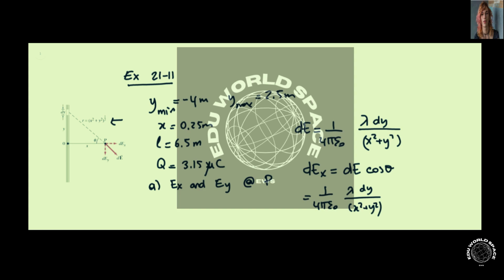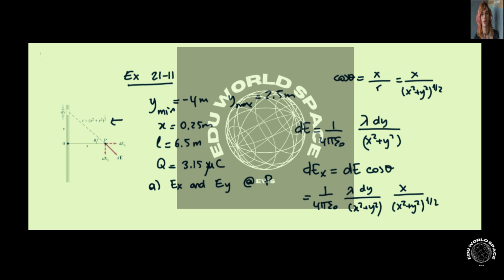But let's remember what cosine theta is on a separate note here. Cosine theta is adjacent x over hypotenuse being r, also x over the square root of x squared plus y squared. So we can substitute for the cosine theta, x squared plus y squared to the 1/2 power.